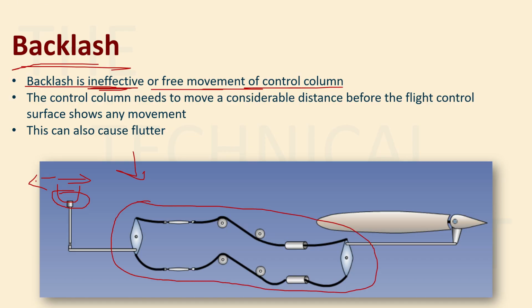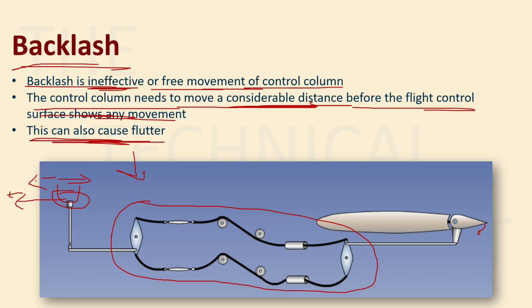So there will be a lot of lag, and the control column needs to be moved a considerable distance before the flight controls show any movement, right? You'll have to move this a lot, and then the flight control will start to move a little bit, right? So this is why this is known as backlash, right? And this can also cause flutter. Backlash can lead to flutter.